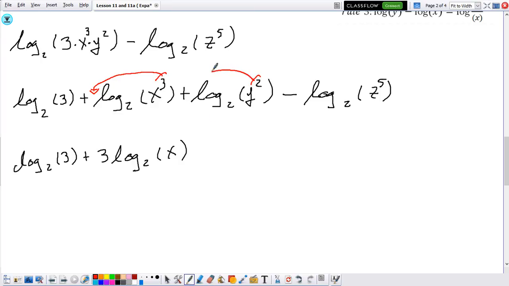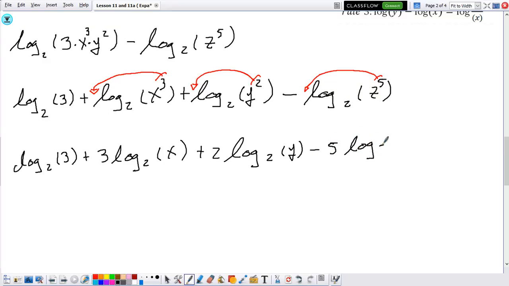We have an exponent, goes to the front as well. So now this becomes plus 2 log base 2 of y. And the third one, we have an exponent here, so it goes to the front. We still have this minus, so it's minus 5 log base 2 of z.